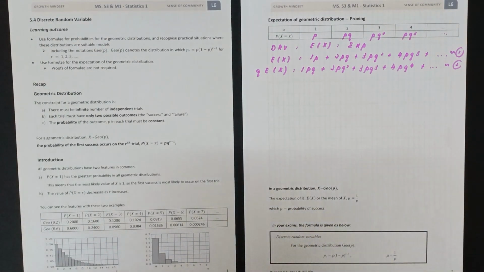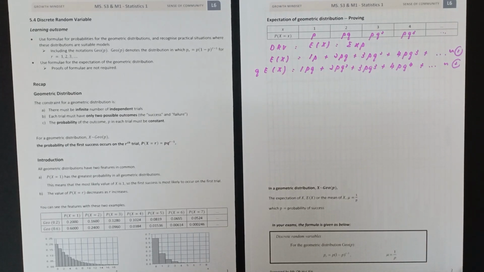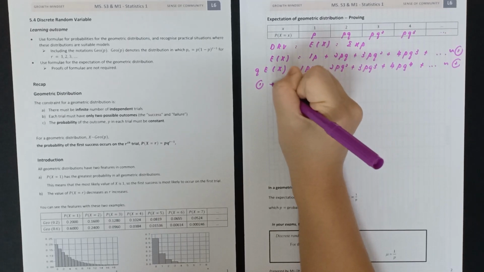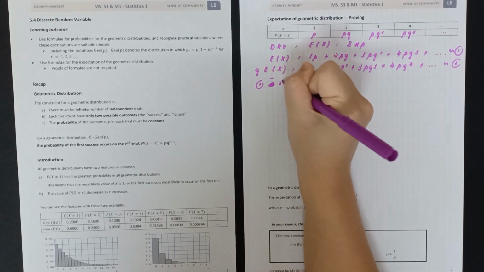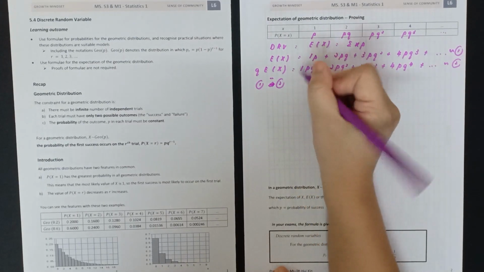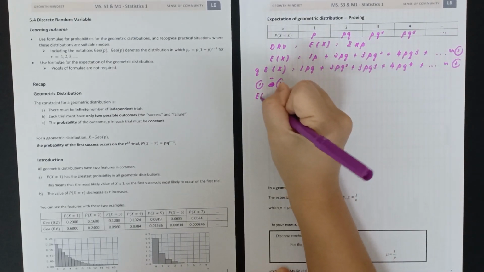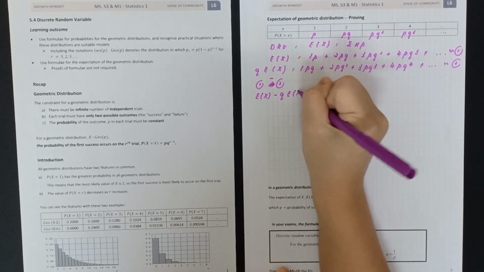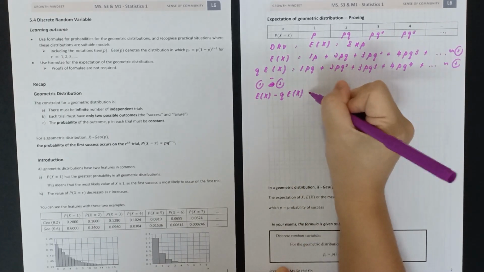Now I will use my first equation minus my second equation. So it will be expectation of x minus q times E(X). First equation minus second.